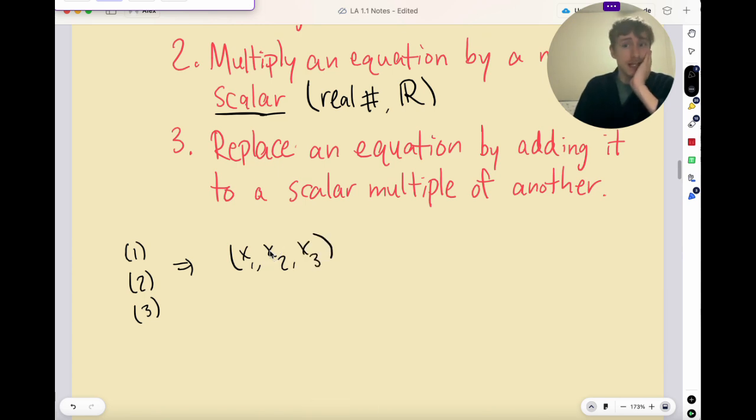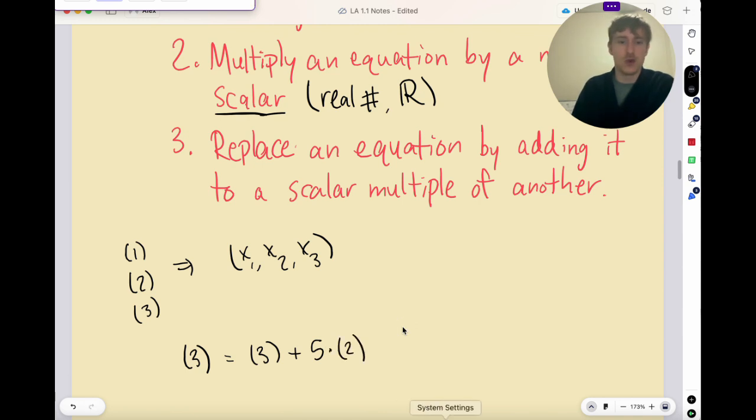Now, if I replace equation 3 with equation 3 plus 5 times equation 2, I should be more specific. This is 5 times equation 2. I'm really replacing equation 3 with that. My new equation is going to be equation 1, equation 2, and maybe we'll call this equation 3 prime. But it's really just this.